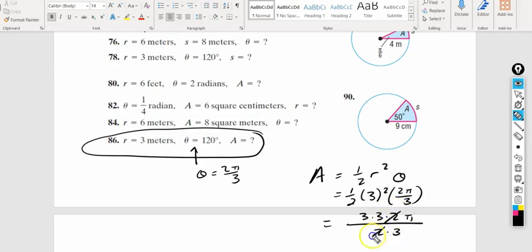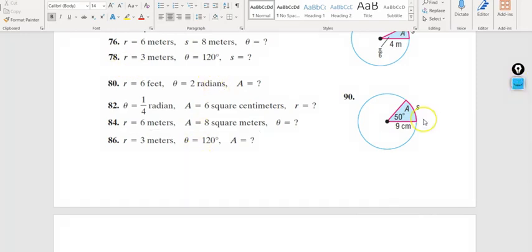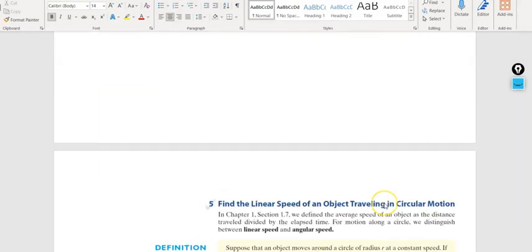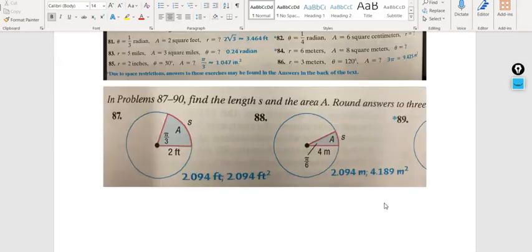So your 2's are going to cancel. One of your 3's is going to cancel. And you're going to be left with 3 pi, which you type that in. So let's look at 78 and 86. 78, the exact answer was 2 pi. And 86, the exact answer was 3 pi. So you can see that.